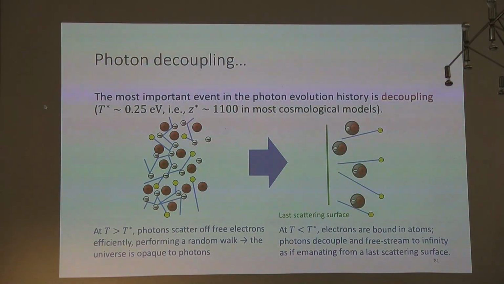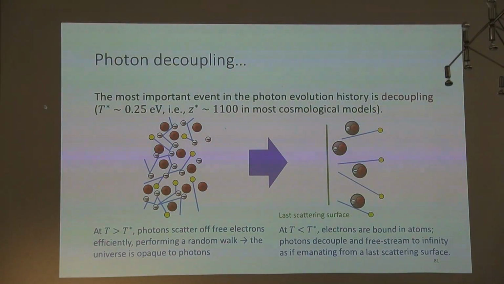And if you're above this temperature, you have the photons doing a random walk, scattering off electrons. Okay, and as I mentioned yesterday briefly, when this random walking is happening, you have a tightly coupled fluid between the photons and the baryons that the photons are scattering off, and then you end up getting these acoustic oscillations.